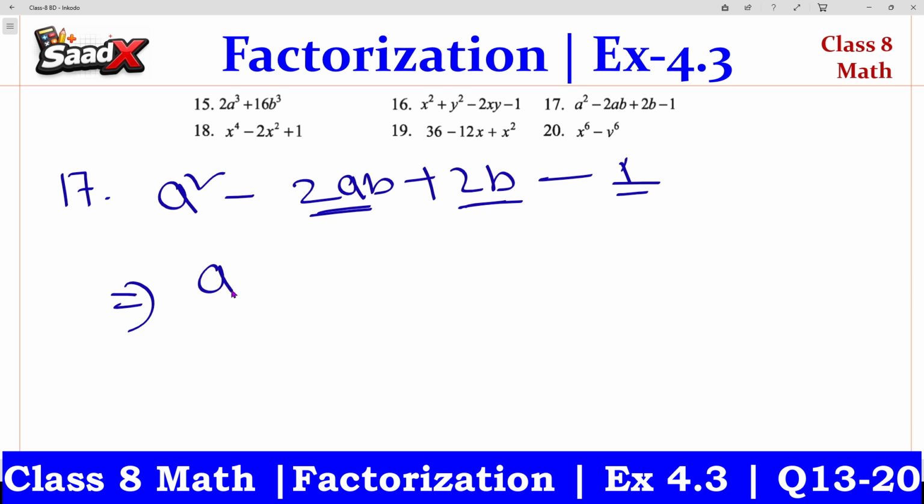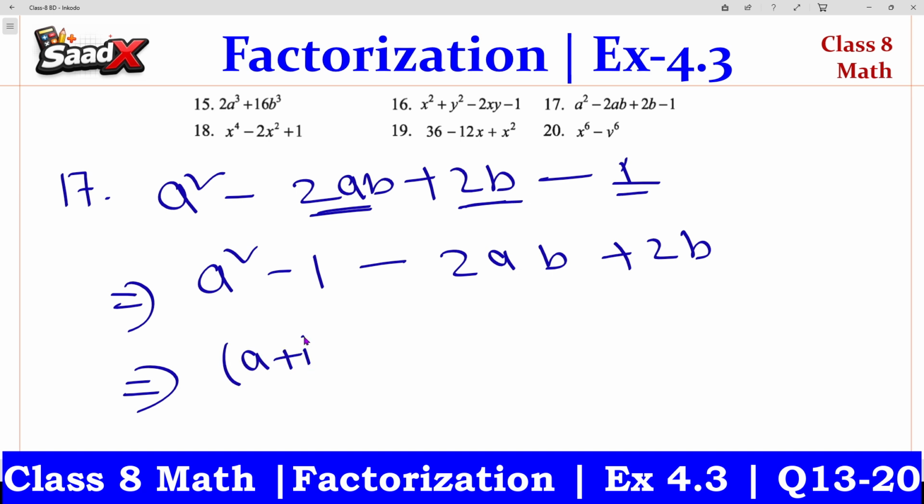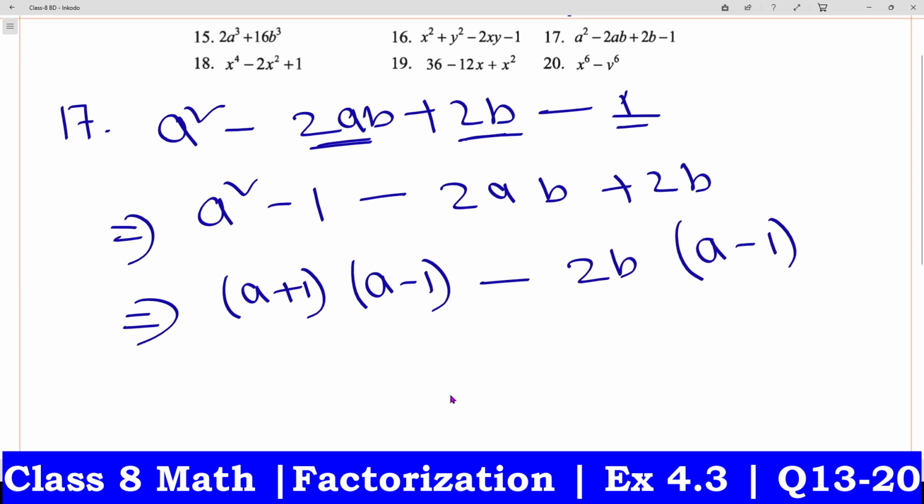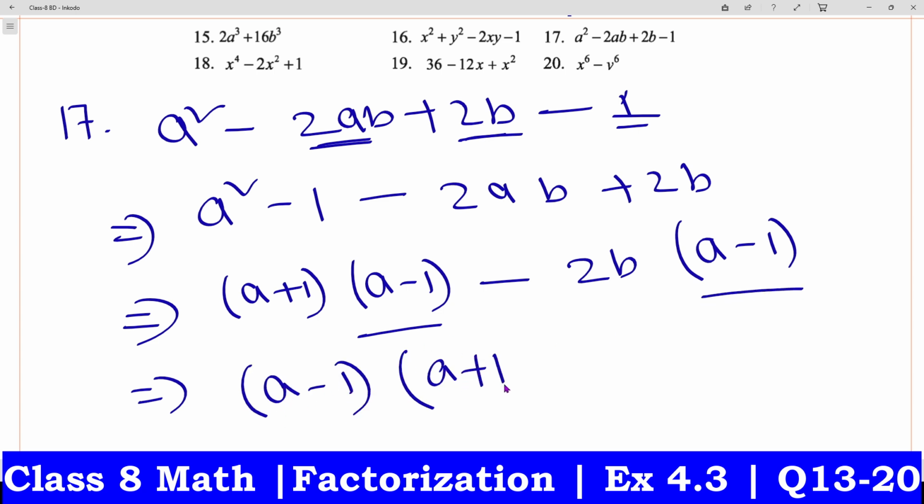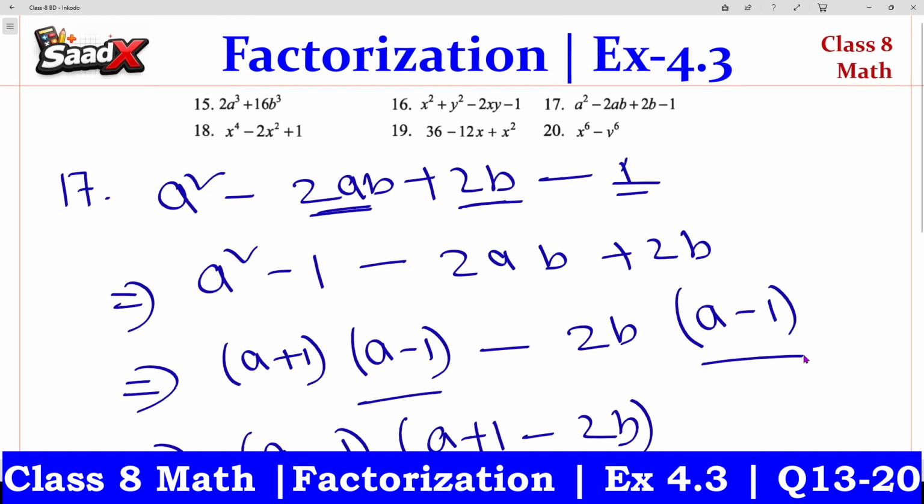Look, here is a square minus 1 and here is minus 2ab plus 2b. Now this a square minus 1 we can write a plus 1 and a minus 1, right? Minus, if we take common minus 2b, so here is a minus 1. Now we can take common a minus 1. So it will be a minus 1 times a plus 1 minus 2b. This is our result. Very simple.